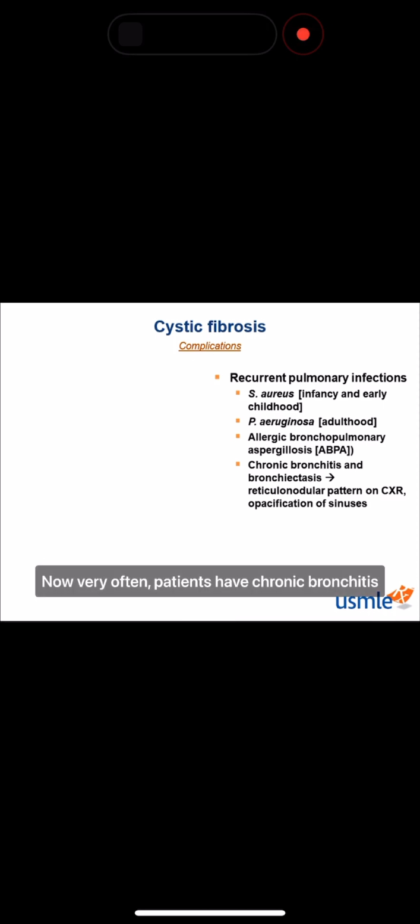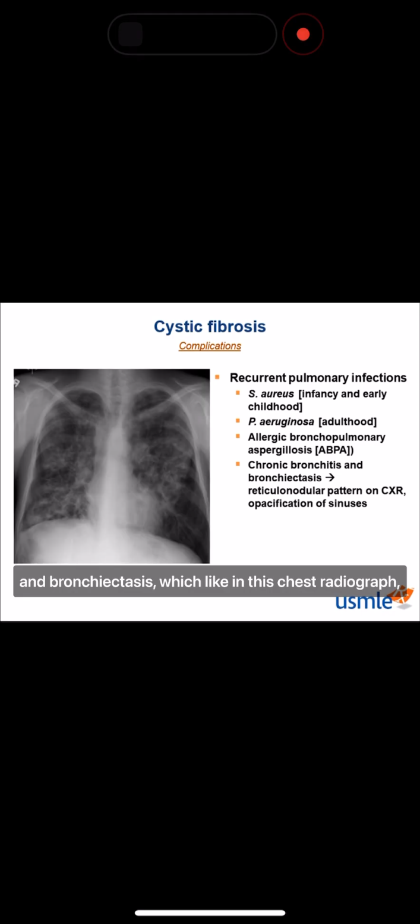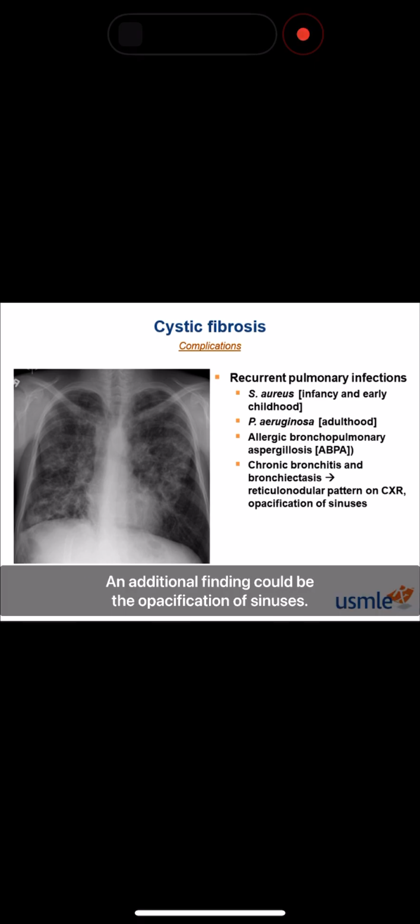Now, very often, patients have chronic bronchitis and bronchiectasis, which, like in this chest radiograph, will show a reticular nodular pattern demonstrating extensive lung opacities, scarring, and mucoid impaction. An additional finding could be the opacification of sinuses.